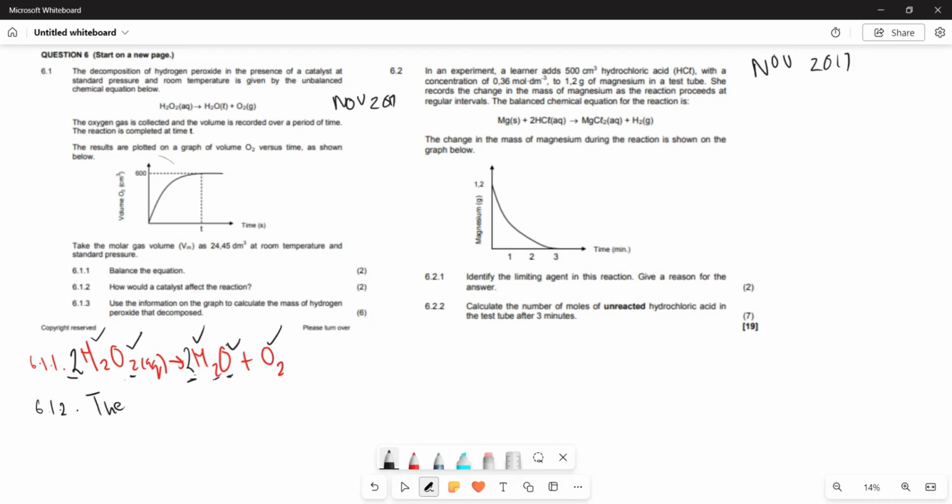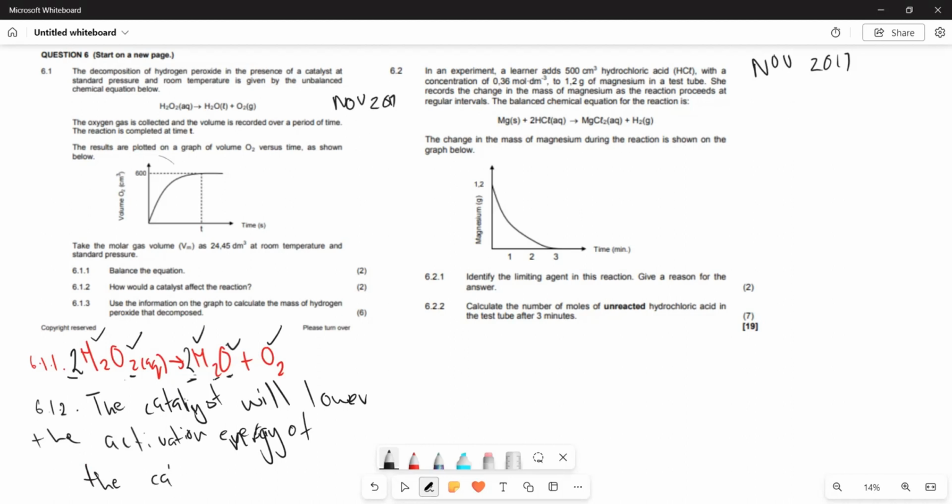So that is going to be the function, or the effect, of your catalyst.